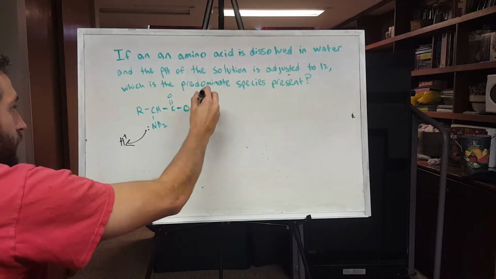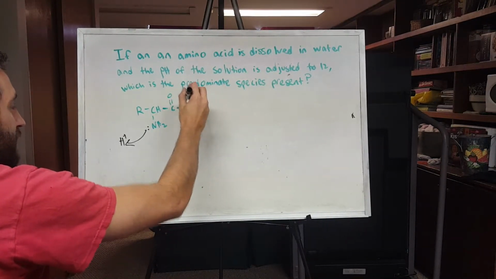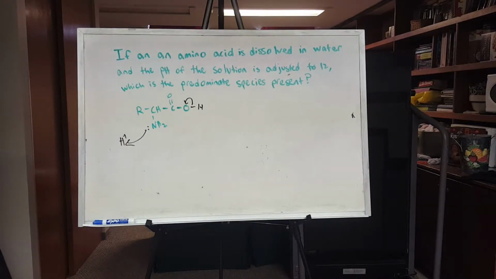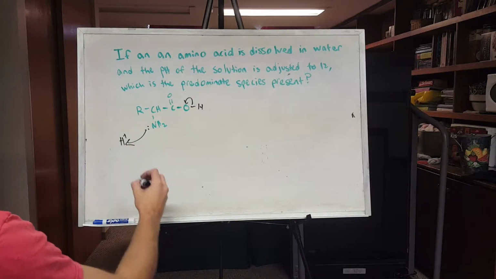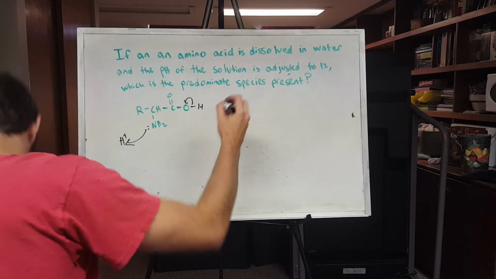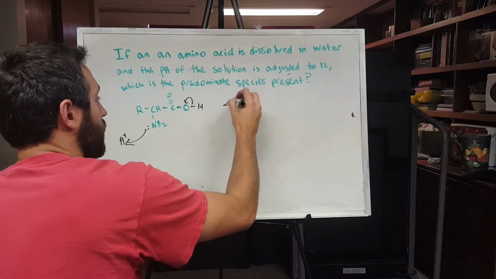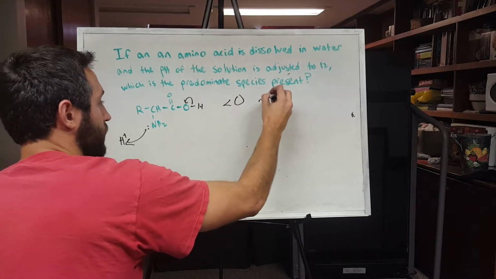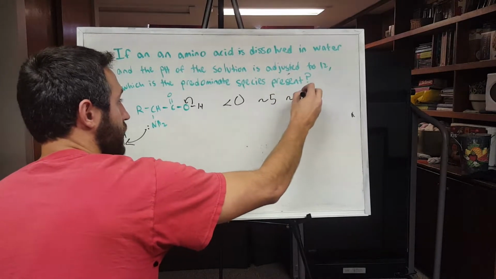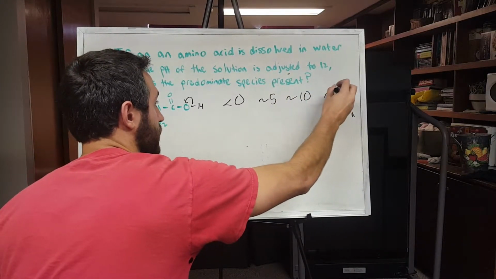Carboxylic acids can act as acids here. And we should have memorized a table from our textbook that looks like this. So for pKa's: less than 0, approximately 5, approximately 10, approximately 15.